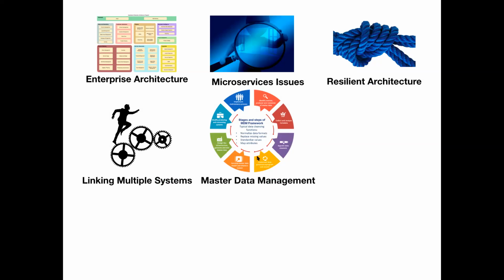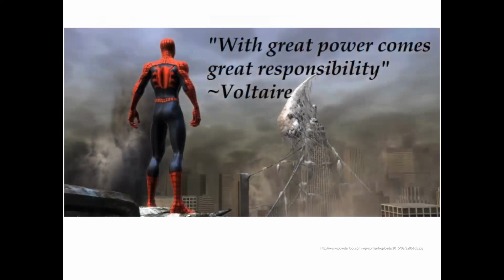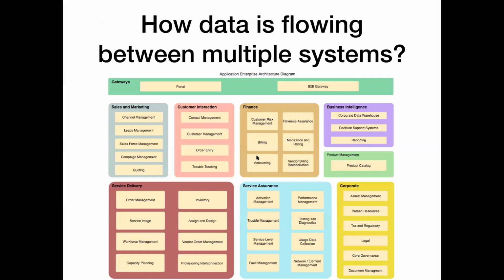And when I say MDM solution, master data management solution, we have to be very, very responsible about how my data is flowing in different systems. It is going to services, going to sales, finance, different systems.